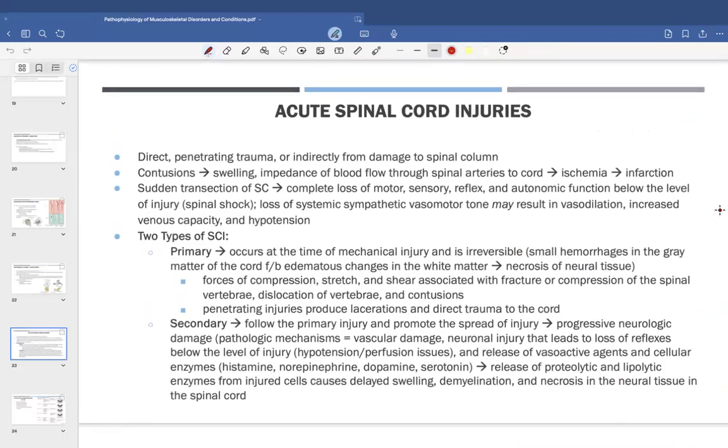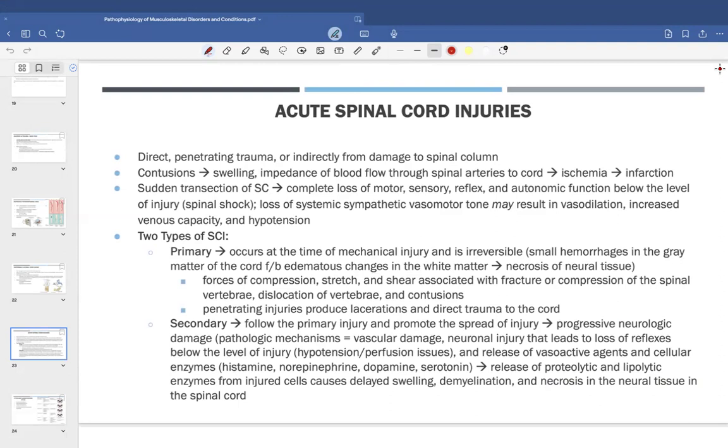So when we talk about acute spinal cord injuries, you can have direct penetrating trauma, like a gunshot wound, that is going to directly injure the cord, or you can have indirect injury from damage to the spinal column. Well, what do I mean? Remember your bones are vascular.